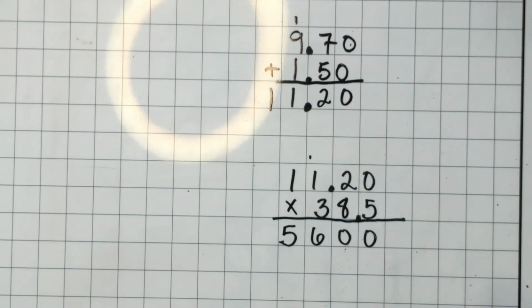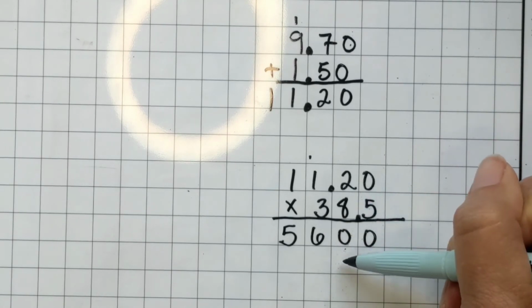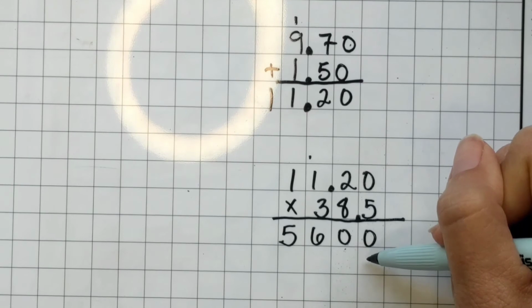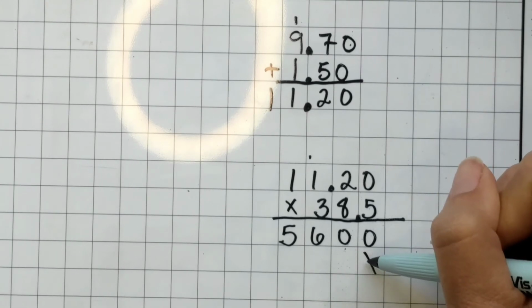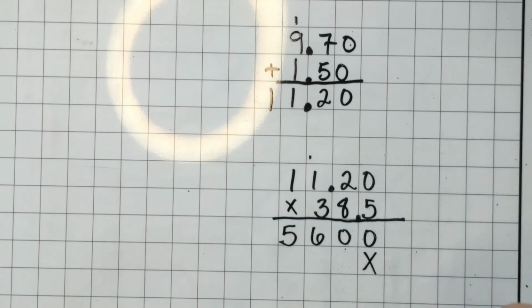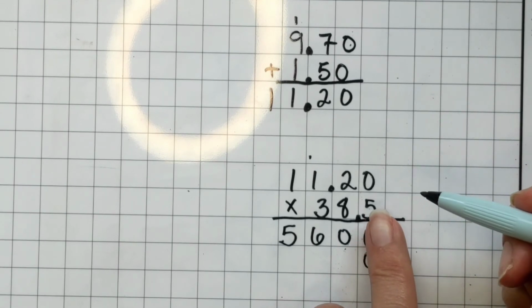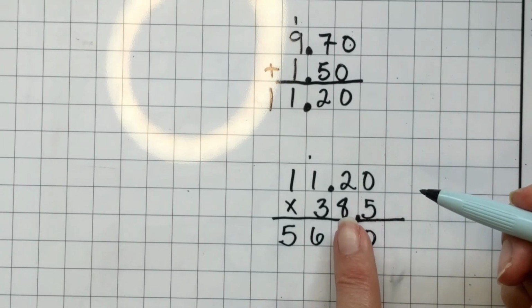That's my first line. Now I'm multiplying from this space, therefore my first answer should come straight down here. So you can put a placeholder 0 or an X or something so that you know that you're not multiplying from that space. I'm going to use a placeholder 0. I'm not multiplying by the 5 anymore. I'm multiplying by this 8.